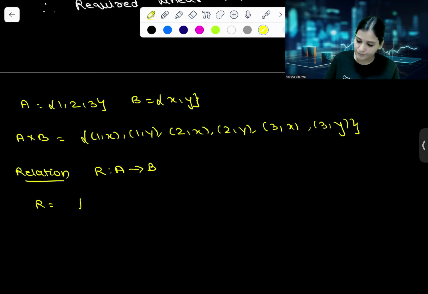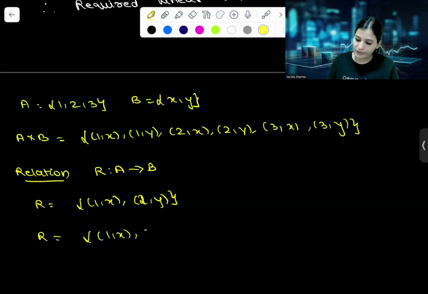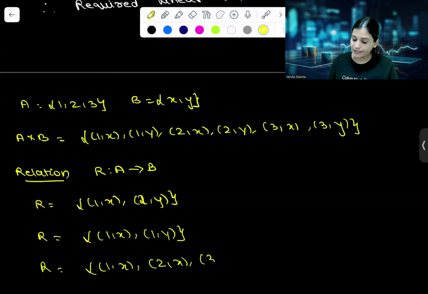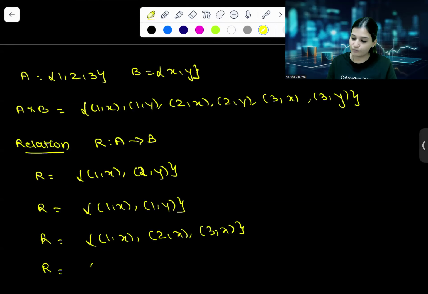So if I wish to, I can take (1,x), (2,y). It is a relation. If I want, I can take (1,x), (1,y). If I want to take a relation, I can take (1,x), (2,x), (3,x). It is a relation, right? If I want to form a relation, I can take (1,x), (2,y), (3,z).